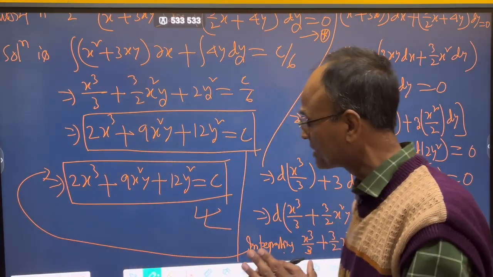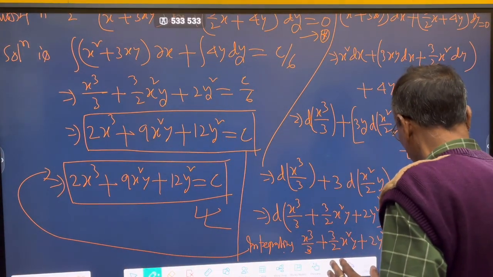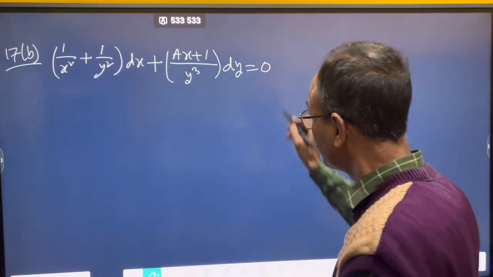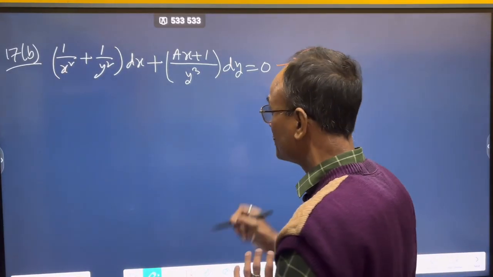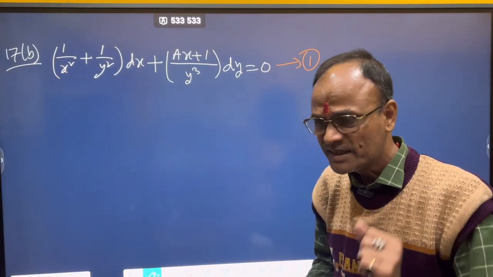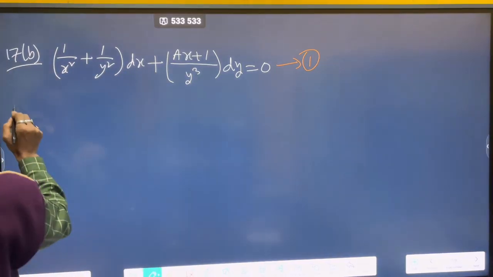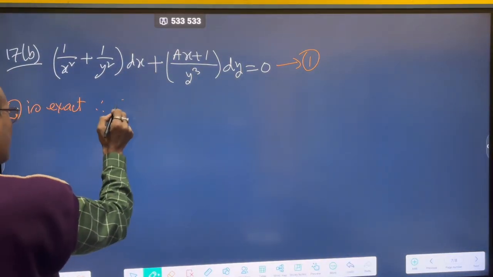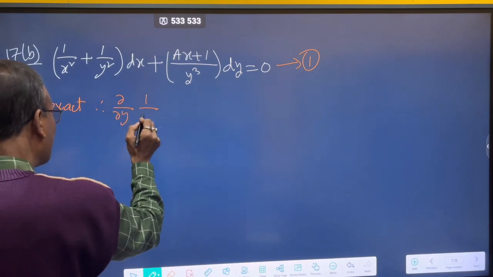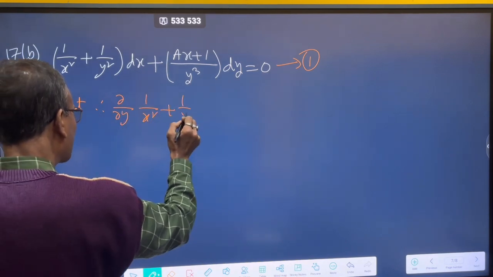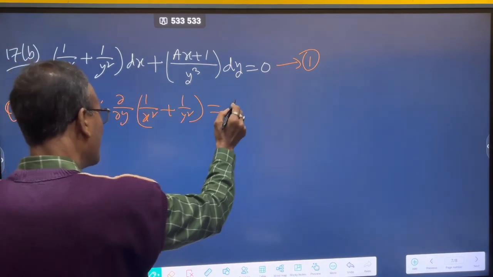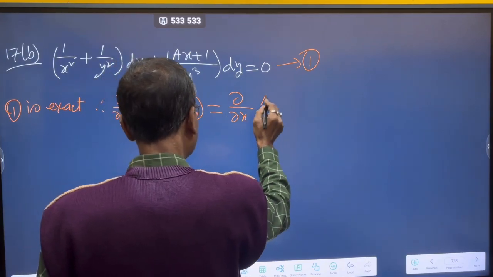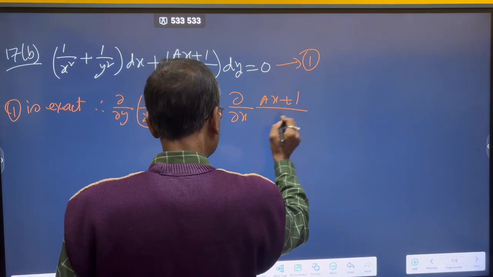Now, let us come to solve question number 17b. Suppose this is 1. 1 is exact. Therefore, del y of 1 by x square plus 1 by y square equals del x of ax plus 1 divided by y cube.